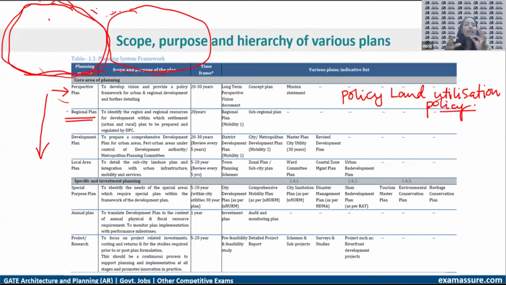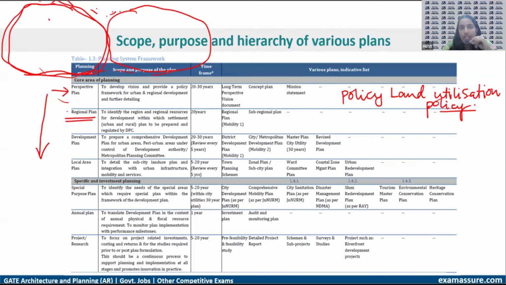Not necessarily that it has to be the state boundary. Again, this is an example I'm taking, but try and understand the scale. It is at a much larger scale, but here it is more detailed in terms of what specifications are there, what types of regional resources are there, and how you utilize those.